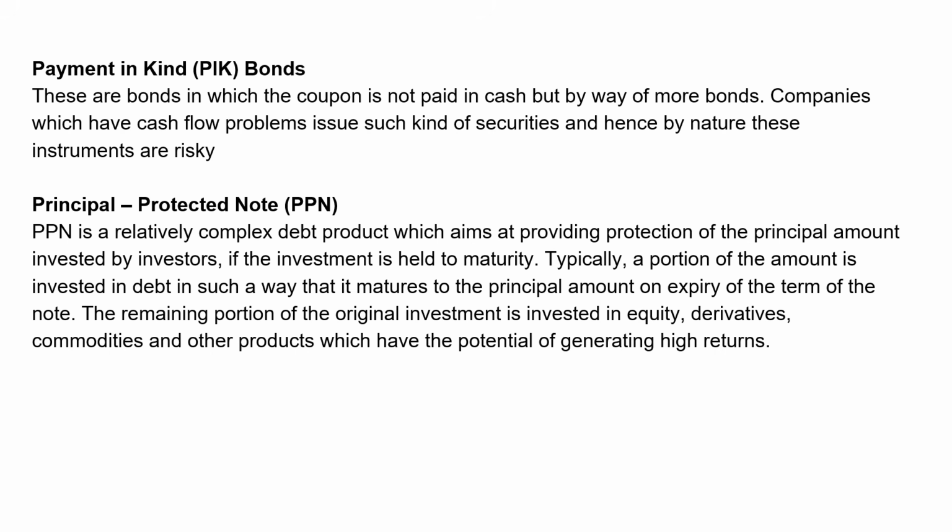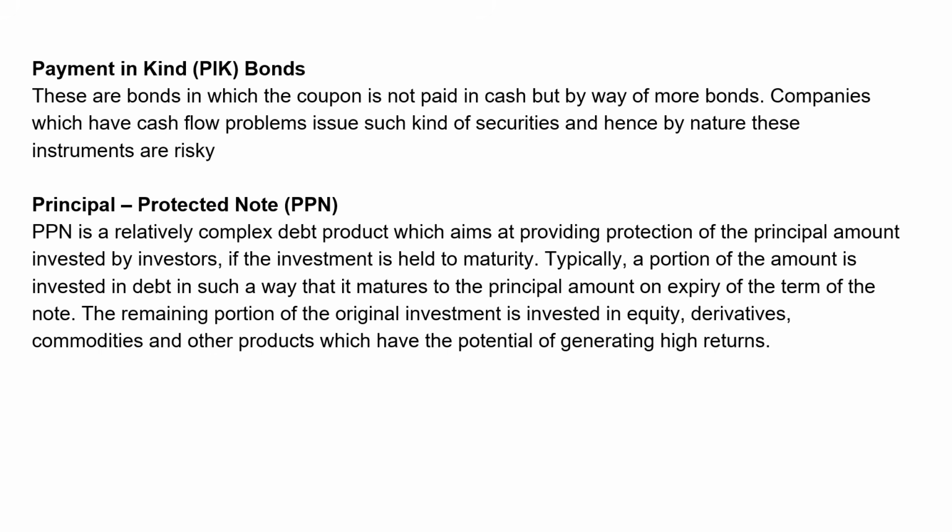So what happens in the case of a principal protected note is, say you are investing 10,000 rupees. They would invest 4,000 rupees in a debt instrument, and that would generate enough interest that it can repay you the principal amount, that is the 10,000 rupees that you have given, over a certain period of time, of course.